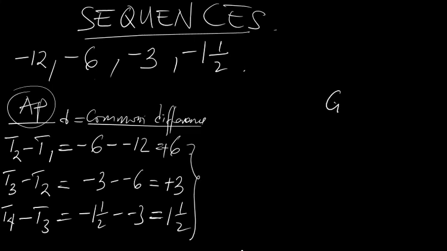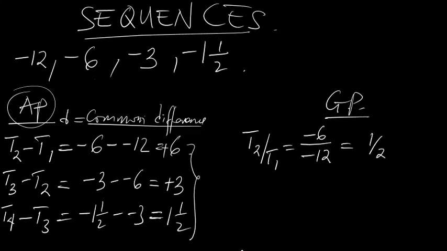Now let's look at geometric progression. Now in the geometric progression method, we just say T2 divided by T1. This will give us what? Minus 6 divided by minus 12. This is equal to half. Then T3 divided by T2. T3 is minus 3 divided by minus 6. This will give us also half.